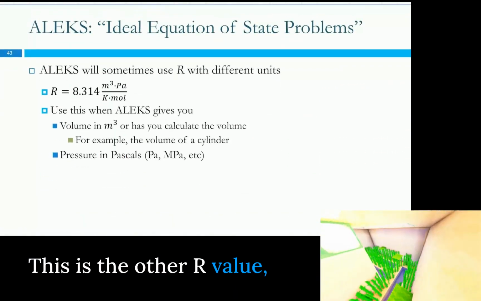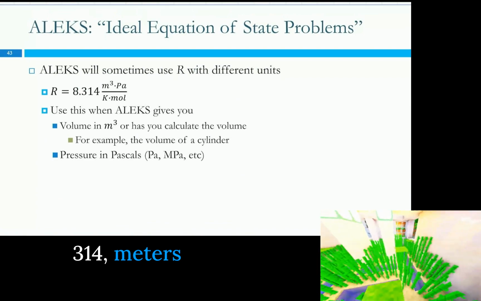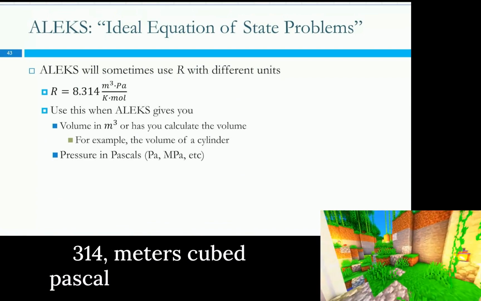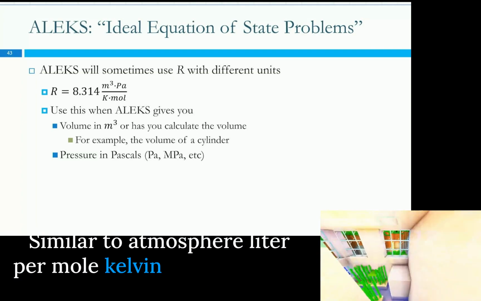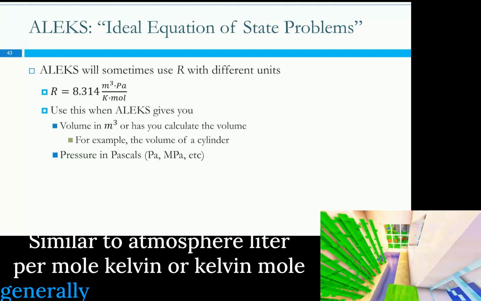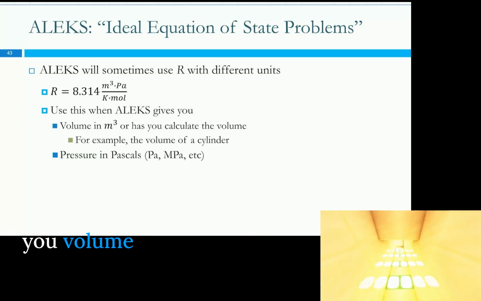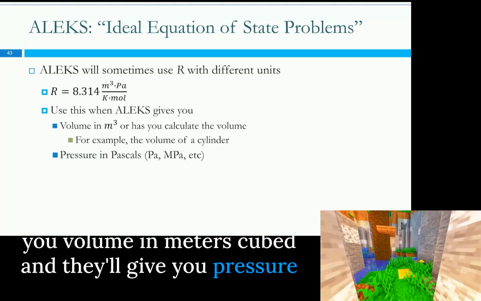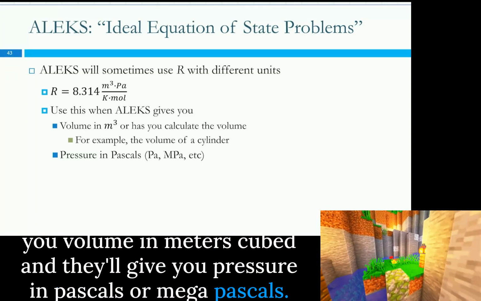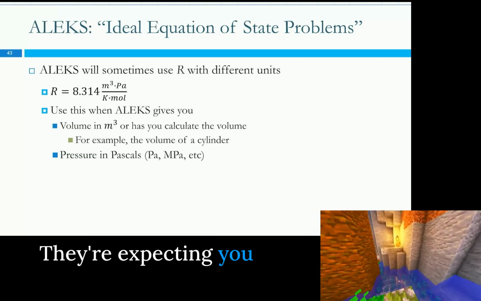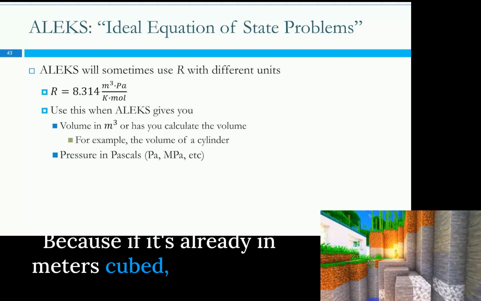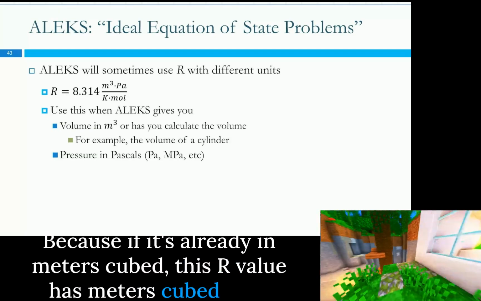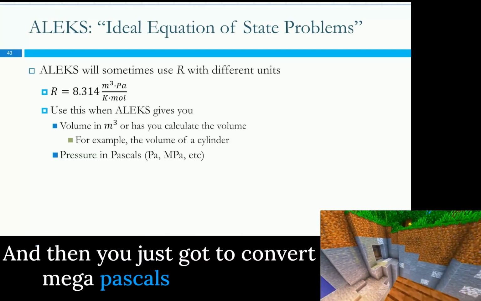This is the other R value, 8.314 meters cubed Pascal per Kelvin mole. Similar to atmosphere liter per mole Kelvin. Generally, Alex problems will give you volume in meters cubed, and they'll give you pressure in pascals or megapascals. They're expecting you to use this R value, right? Because if it's already in meters cubed, this R value has meters cubed in it. And then you just have to convert megapascals to pascals.